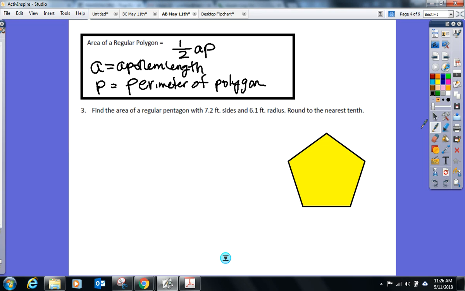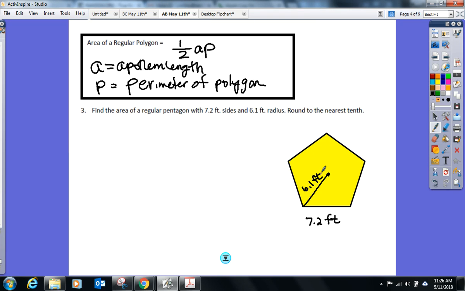Okay, each side, 7.2 feet. And a radius of 6.1 feet. All right, so go ahead, draw yourself in a radius. 6.1 feet. What is the area of that pentagon?